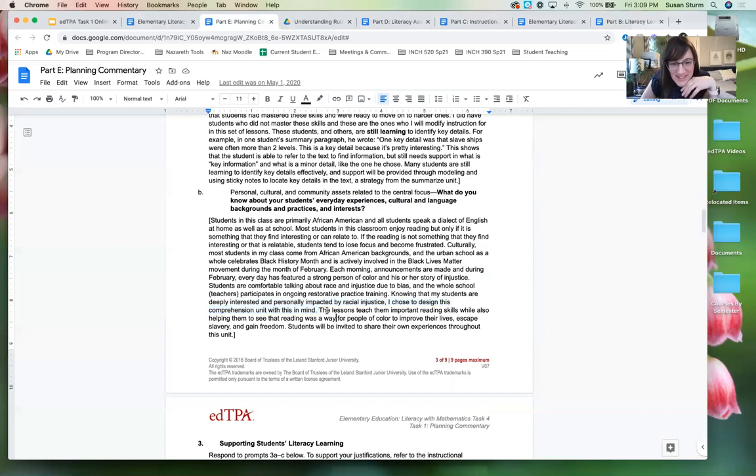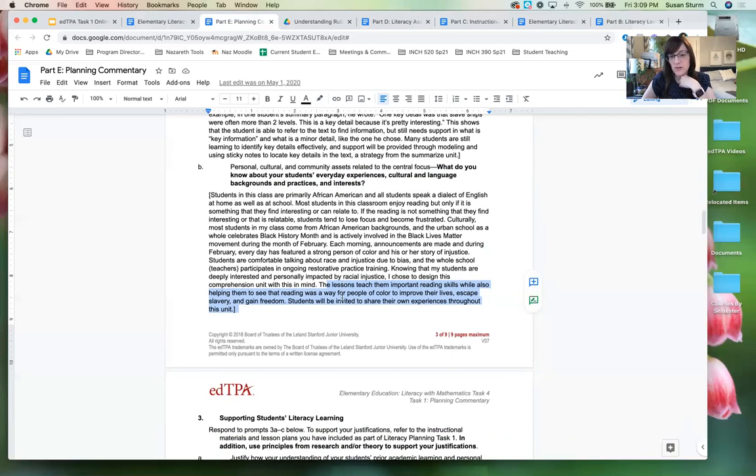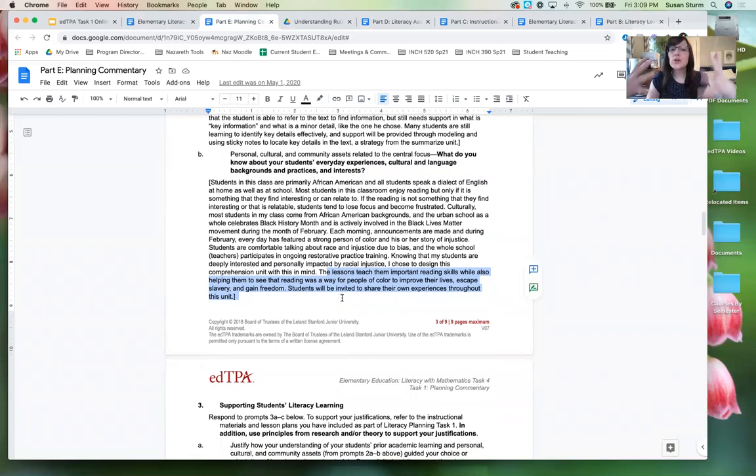But anyway, the lesson teaches them important reading skills while also helping them to see that reading was a way for people of color to improve their lives, escape slavery, and gain freedom. Students will be invited to share their own experiences. So you can see how this person carefully chose texts related to the backgrounds of their students. This is a strong response.